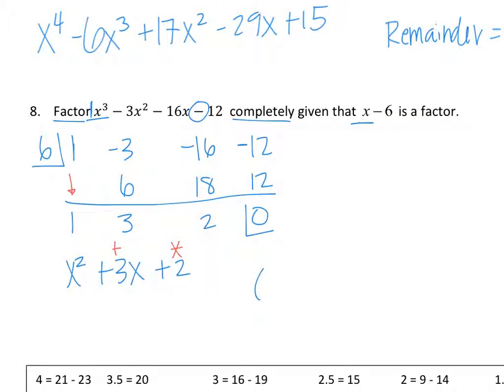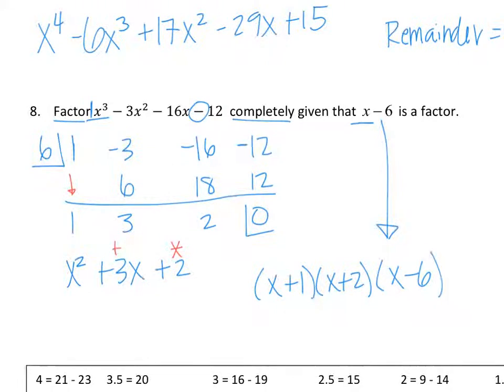So those two numbers are 2 and 1, x plus 1, x plus 2. And then our third factor is the one they gave us, x minus 6. So don't forget to bring that factor down. And that is the complete factorization of that polynomial.